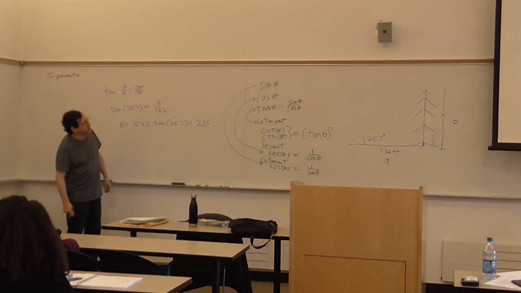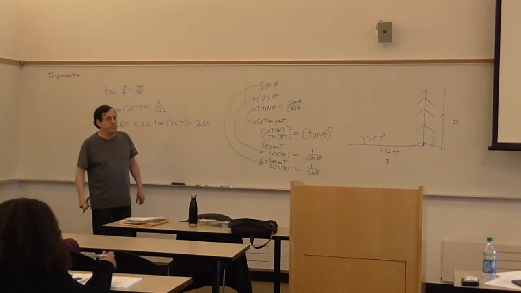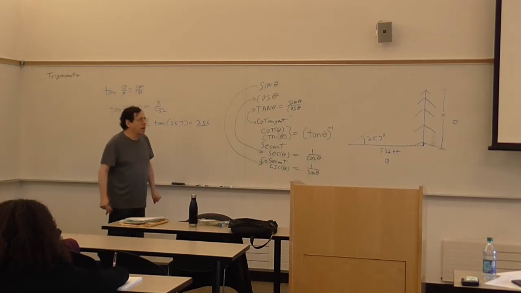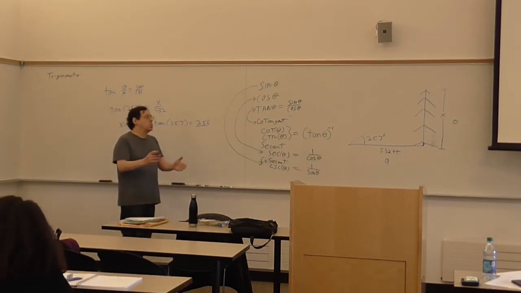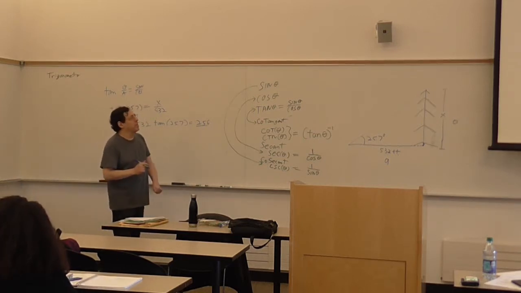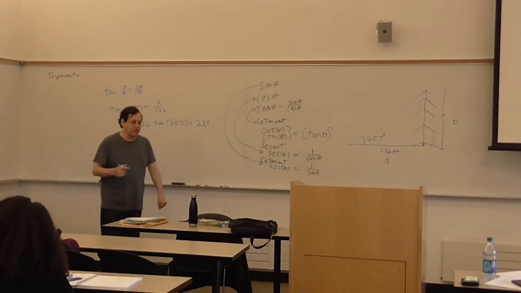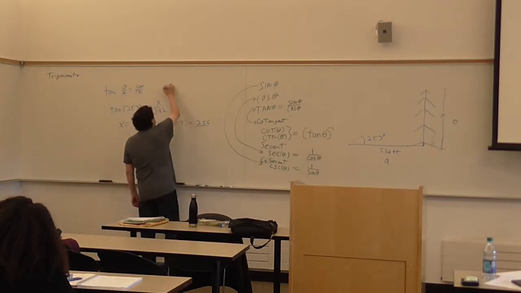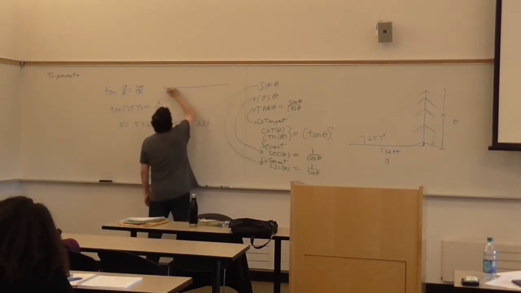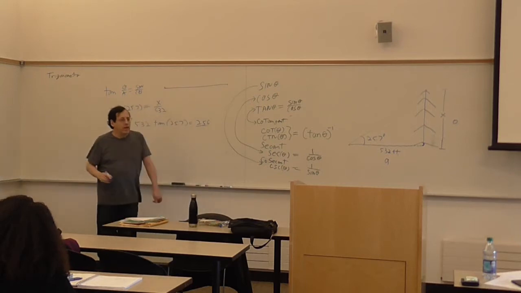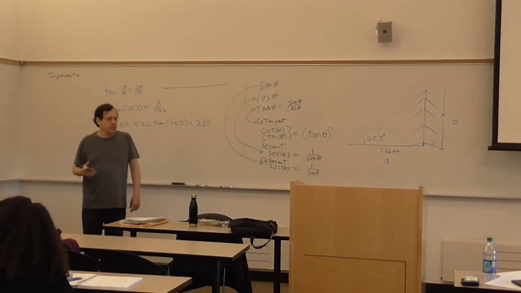Any questions about the height of the tree? Why is it a different answer for degrees or radians? Let me answer it this way. Let's say I give you a meter stick, and I say, I want you to measure from here to here, and instead of telling me the answer in meters, you tell me in feet.